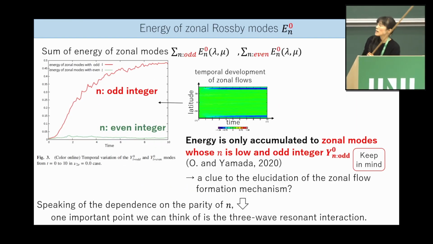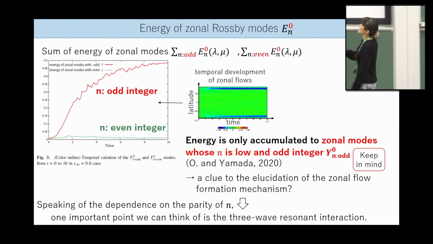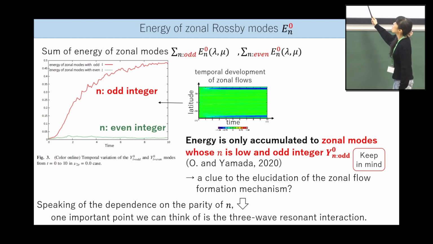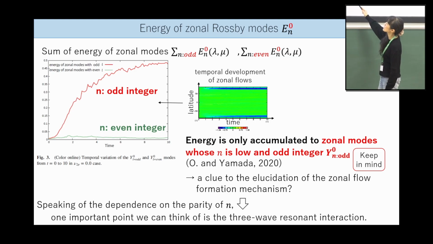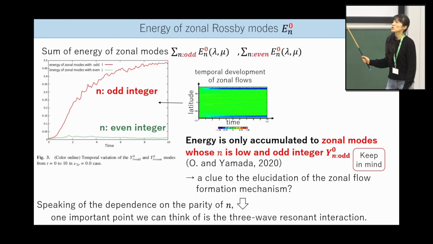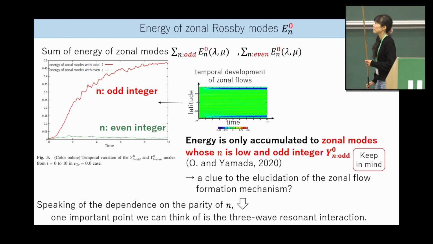And if we plot the sum of the energy of zonal modes only with n equal to an odd integer, or only with n equal to an even integer, we can notice that the zonal Rossby modes with n equal to an odd integer obtain much energy, whilst zonal Rossby modes with n equal to an even integer do not obtain any energy.